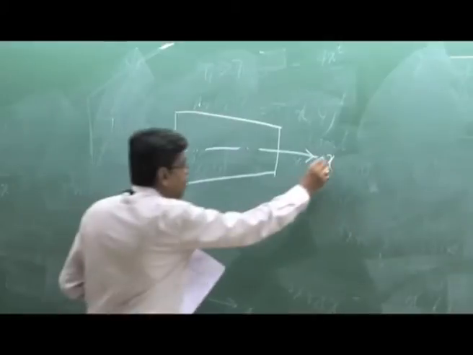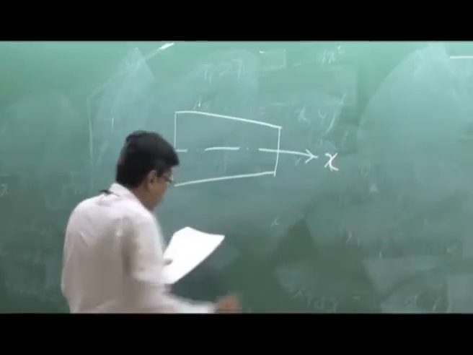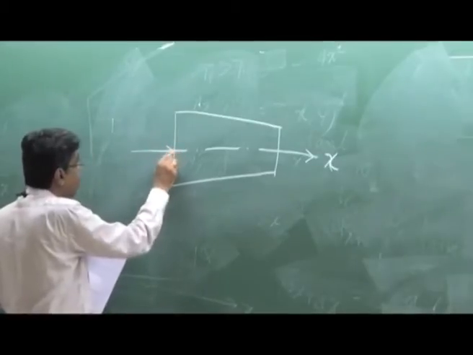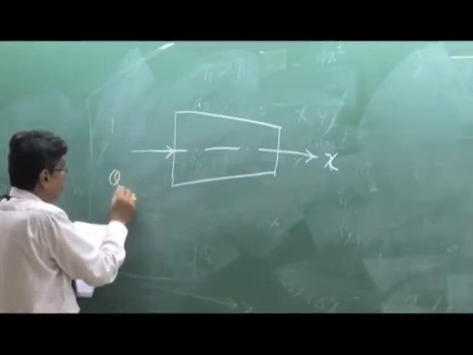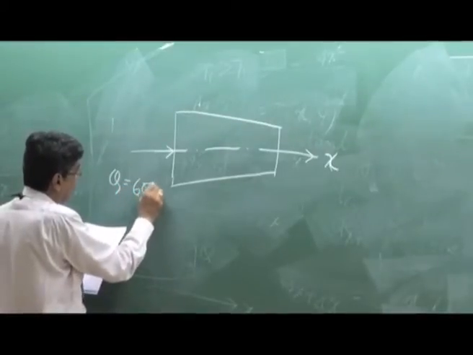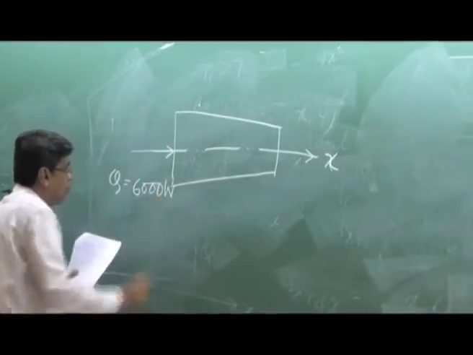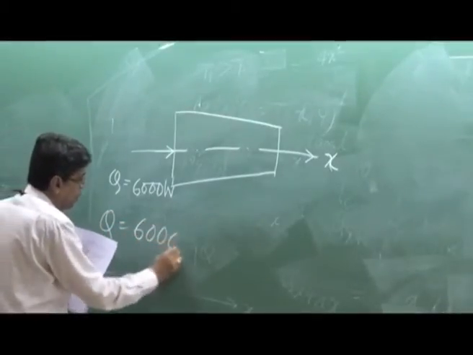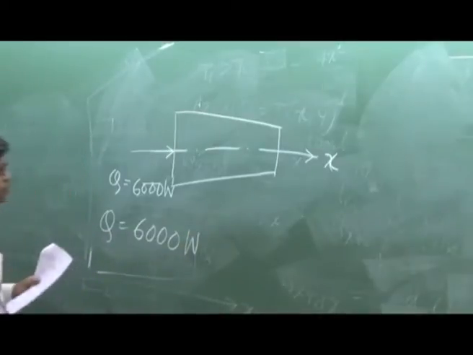this is x, where it is given the Q, the total Q which is coming here is 6000 watt. Q is equal to 6000 watt. Now a steady state heat transfer.